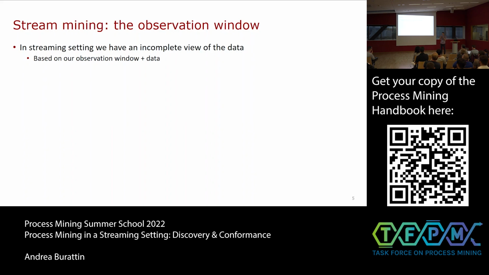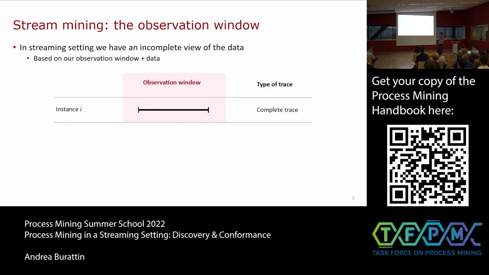So now if we take the stream and the observation window into account, we have some complexities, some issues that are starting to emerge. Here you can think of the x-axis as the time dimension, right? The easiest situation is when we have our trace, which starts and ends within the boundaries of your observation window.